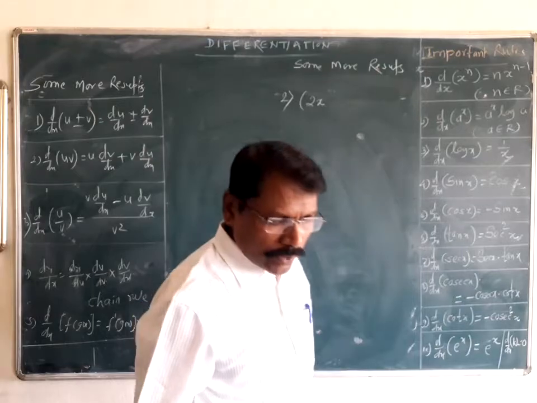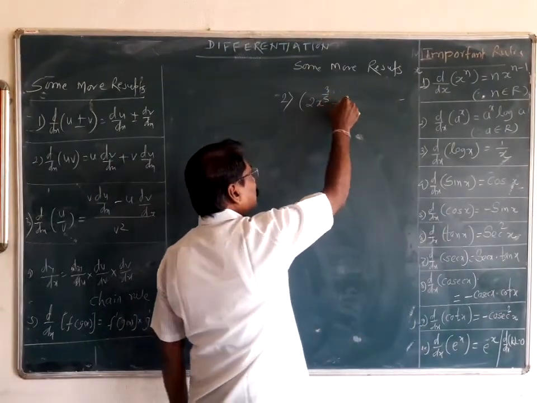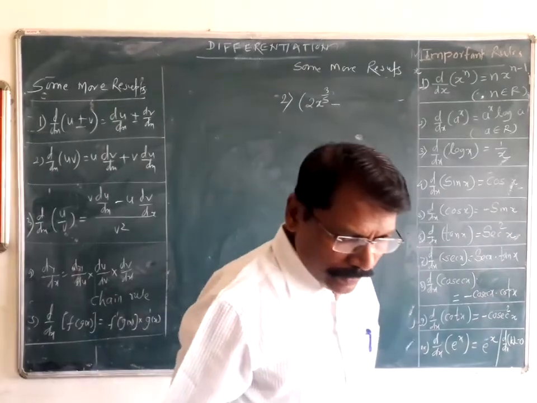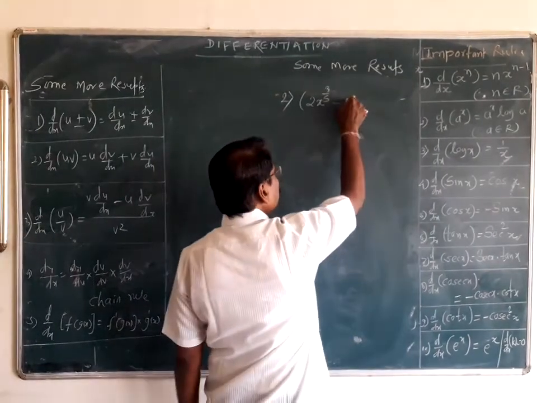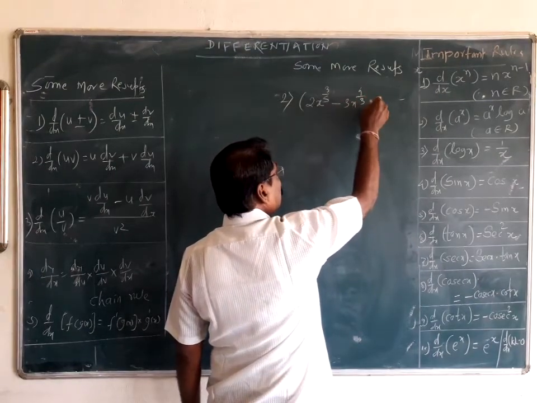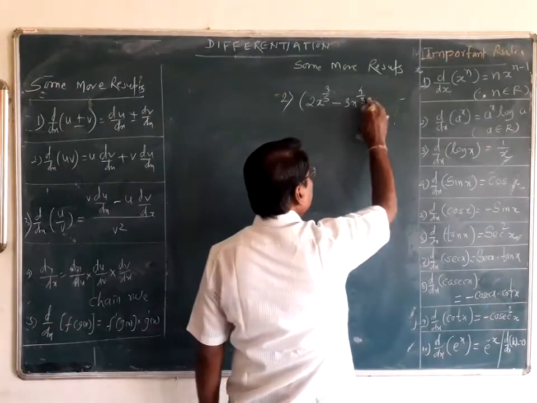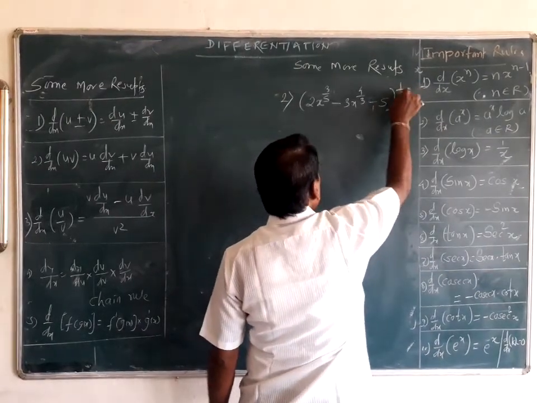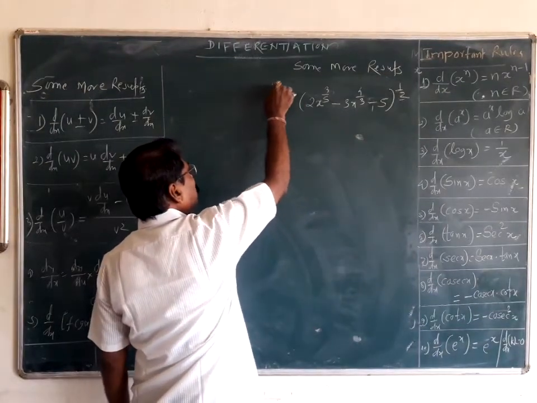y is equal to (2x raised to 3 by 2 minus 3x raised to 4 by 3 minus 5) raised to 1 upon 2.